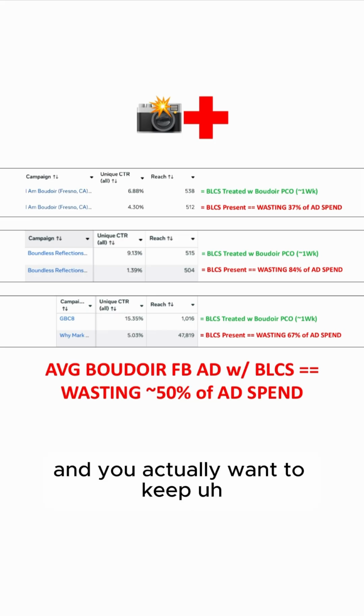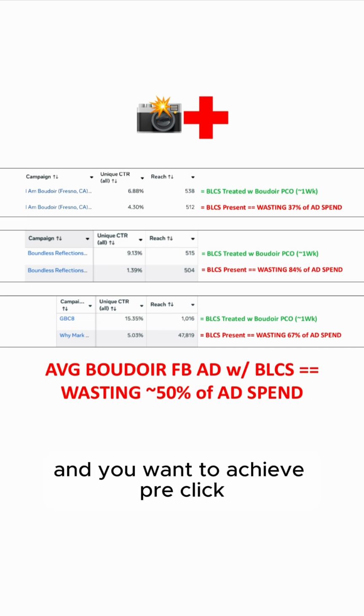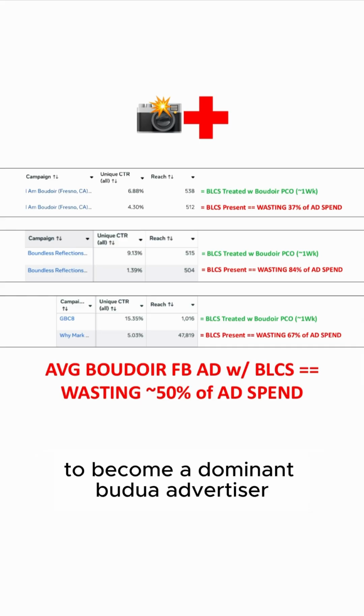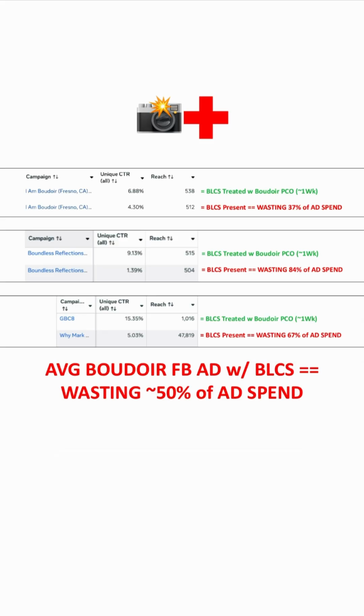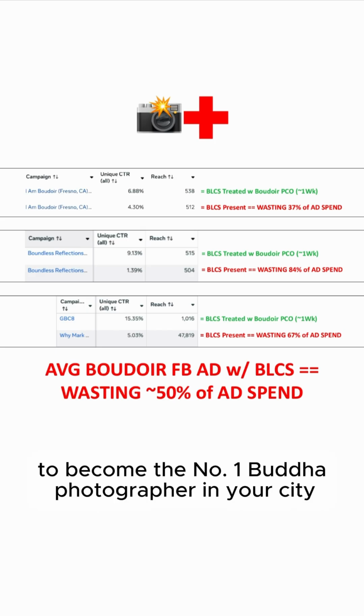And you actually want that outcome of the Boudoir Pico treatment. And you want to achieve pre-click alignment with your boudoir Facebook ads to become a dominant boudoir advertiser, to achieve boudoir brain entry boost with your boudoir Facebook ads, because you know that this is required on your path to becoming the #1 boudoir photographer in your city.